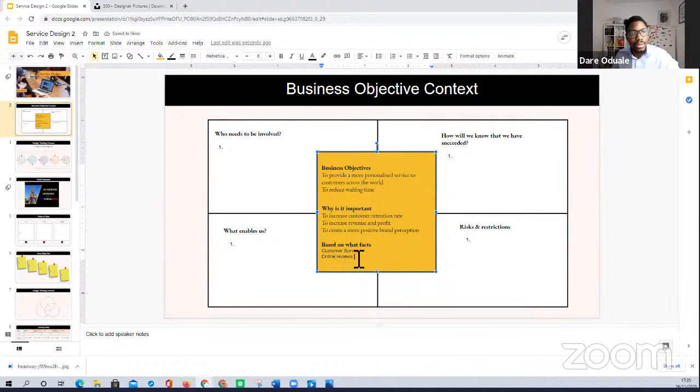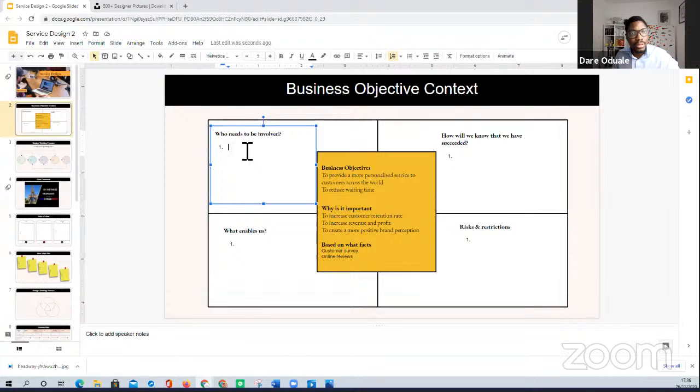And let's say maybe there is a survey that was also done across the country that talks about ease of doing business. Yeah, so based on customer complaints that we got on the survey, based on customer complaints that we got from the online review. So the reason why we put that information there is that this is some way that we can go and confirm this data that we've talked about. This is the source of our decision making, so to say.